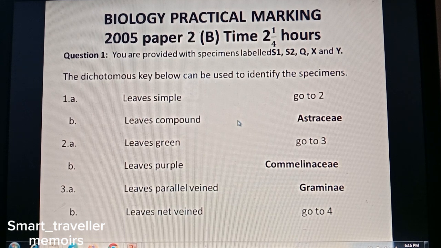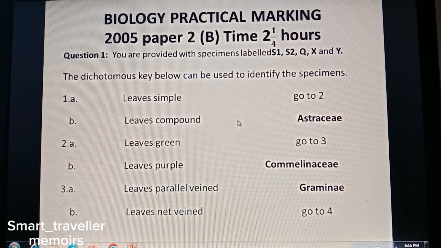Leaves simple, you go to 2. Leaves compound, you call that one Austrasea. Leaves green, go to 3. Leaves purple, Comerinaceae. Leaves parallel veined, Graminae.